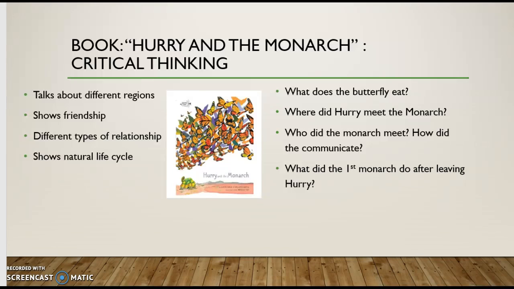How did they communicate? And the last question, you sometimes have little swift thinking kids too, and when they're listening, if they're good listeners, they'll realize that when I read this question, what did the first monarch do after leaving? So immediately some should click and say, well, there must be another one. You know, sometimes that happens and they can see that.